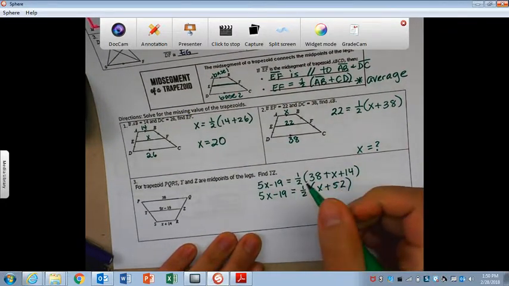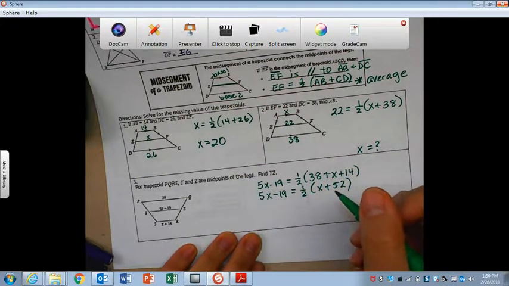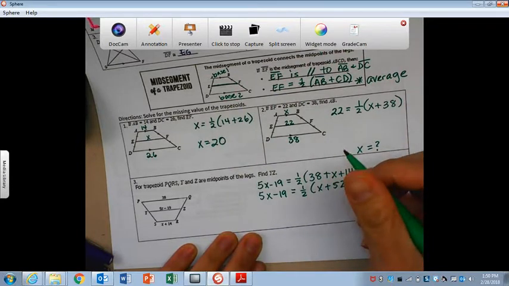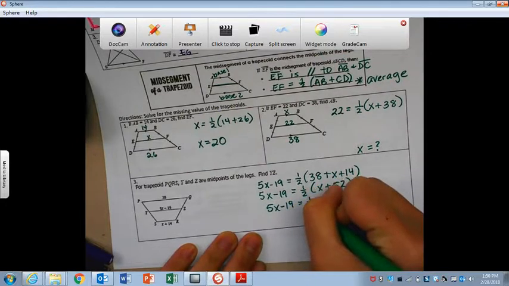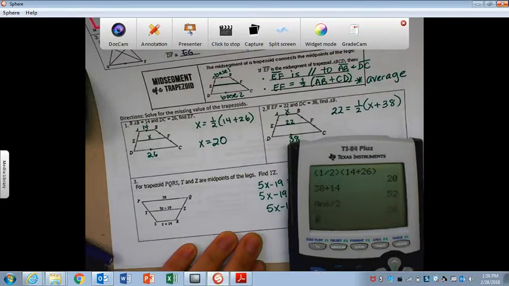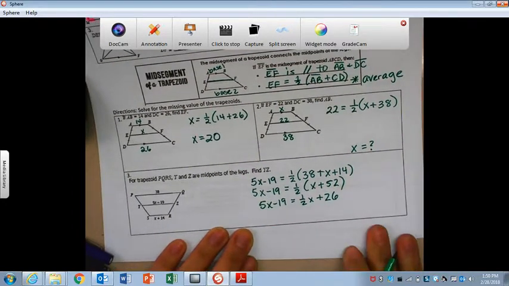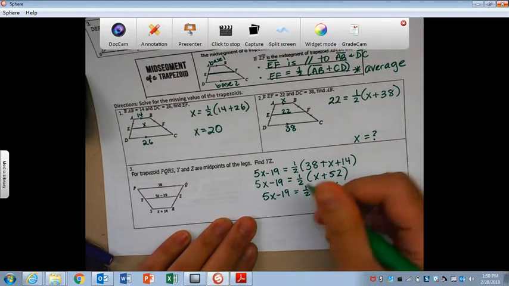So now I'm going to, you can distribute 5x minus 19 equals half x. 52 divided by 2, that's 26. Okay? Alright, so here it is. I'm going to get rid of the smaller half.